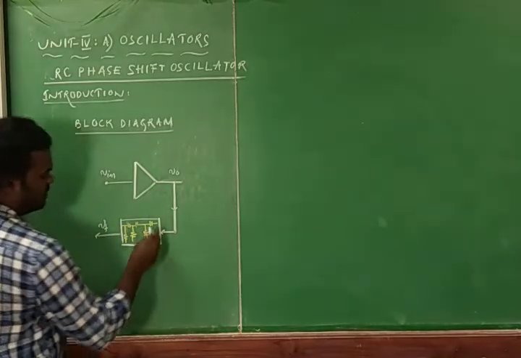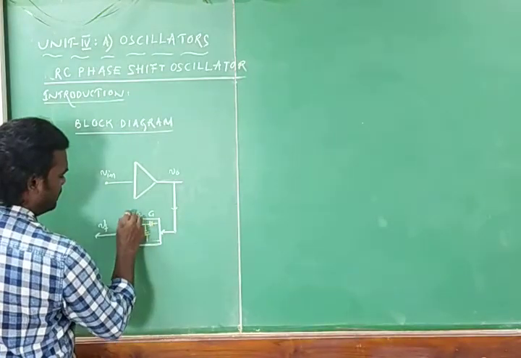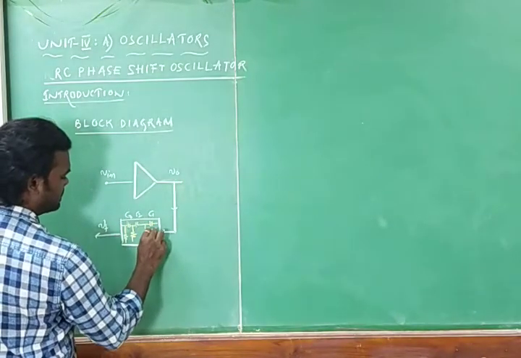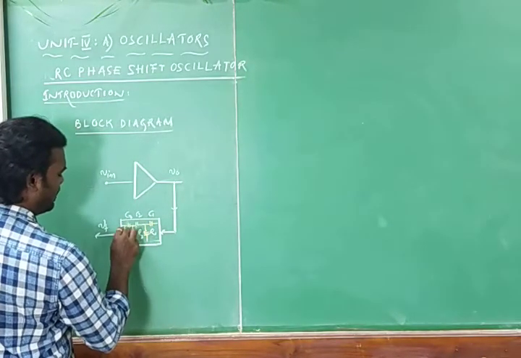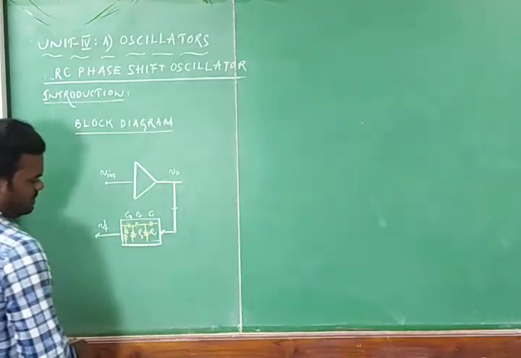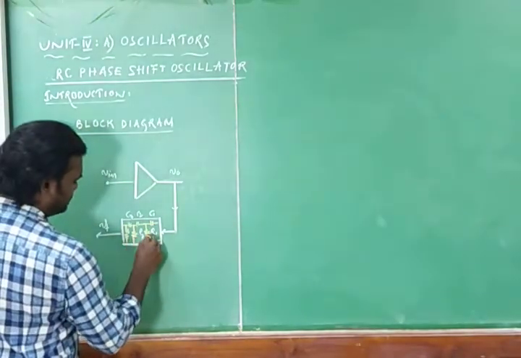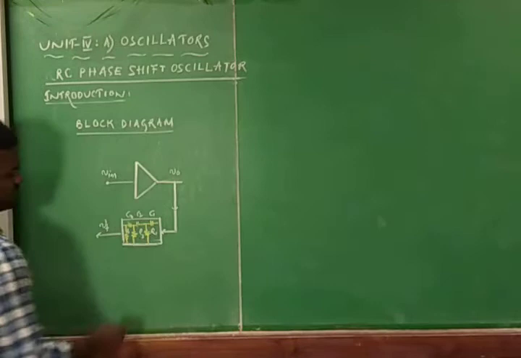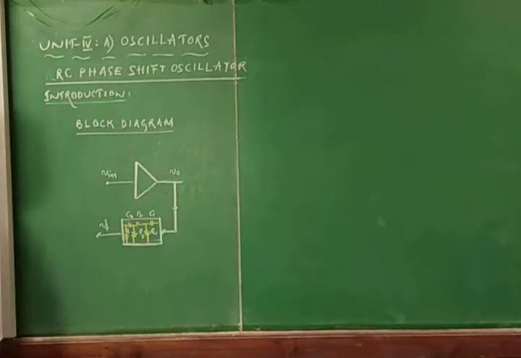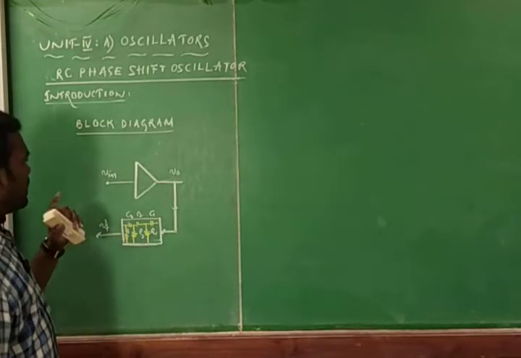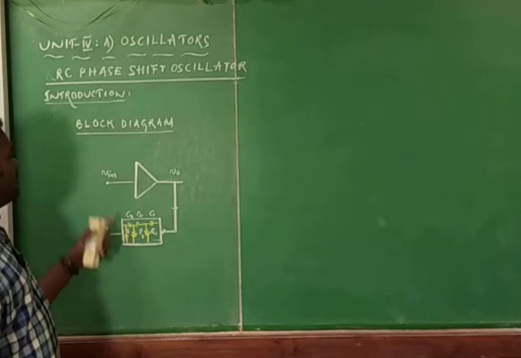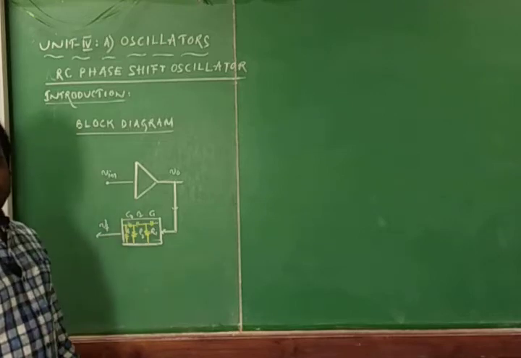These are the capacitors C1, C2 and C3, and these resistors are R1, R2 and R3. These 3 resistors and 3 capacitors are connected together to have the positive feedback for the RC phase shift oscillator.